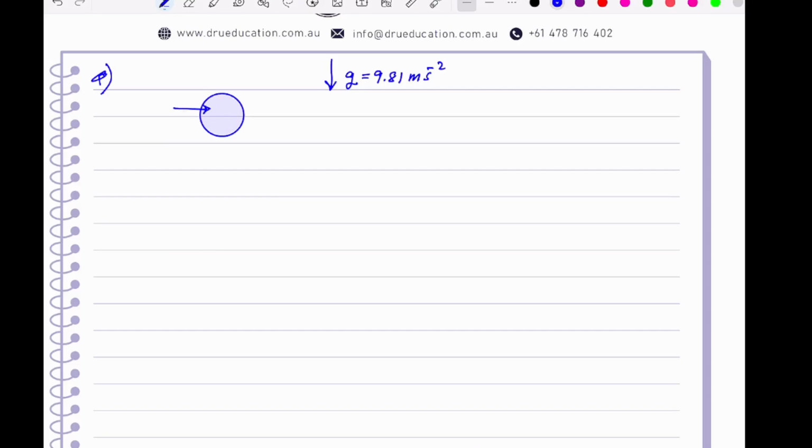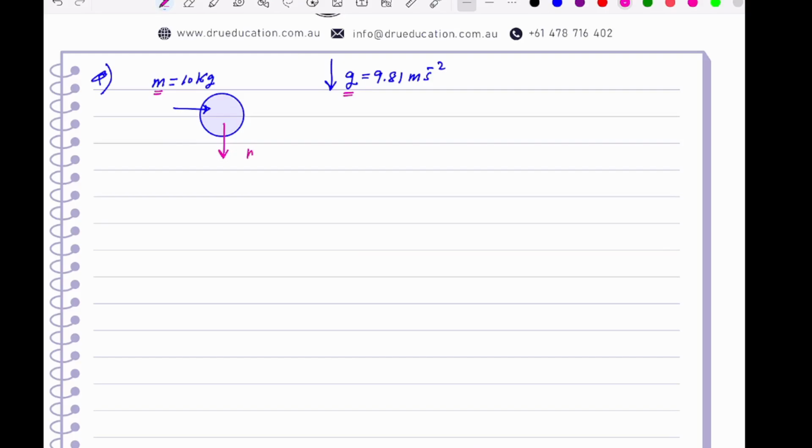Suppose the mass here is m, 10 kilograms. So what will happen when you just place a 10 kilogram mass in space where gravitational acceleration exists? Obviously you can see this is an acceleration, this is mass, so you will get a force.